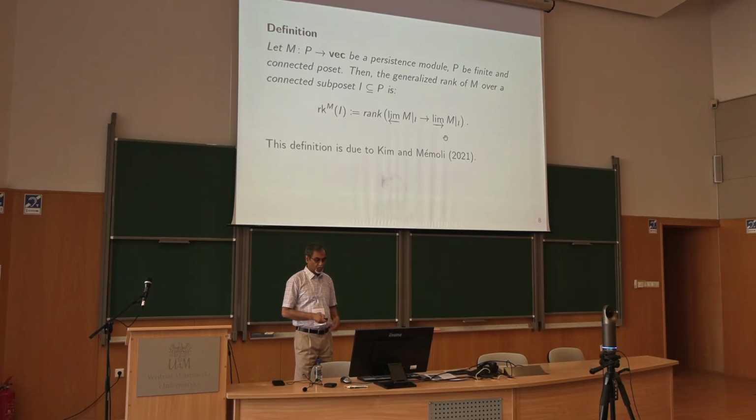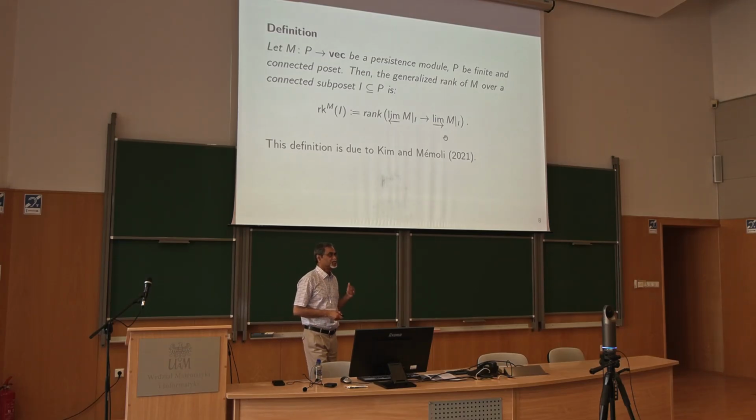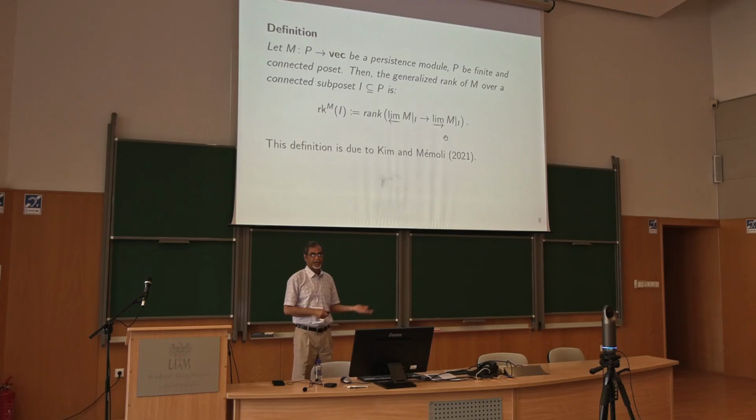Okay, so one of the definitions we will be working on is called the generalized rank. We are familiar with ranks. Even in the one-parameter case, if you take two points and the map from the left point to the right point, you take the vector spaces and the linear map and take the rank of this map, and that's the rank invariant. You do it for every pair.